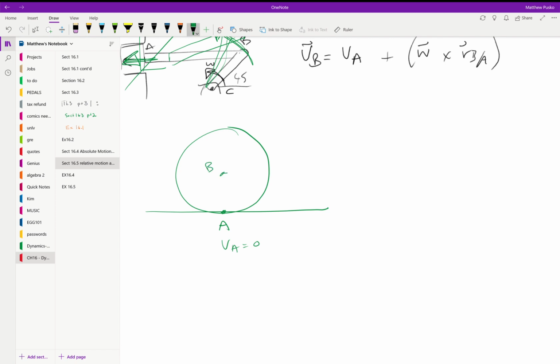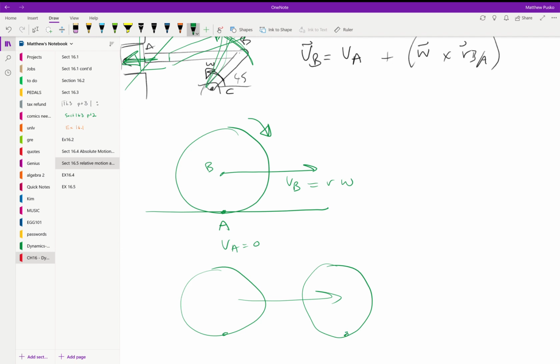And if the whole vehicle is moving, or system is moving, that's on these wheels with some velocity of B, and we know omega, this velocity is just equal to R omega. So we're looking in this case as a wheel that is translating with its fixed point, and then it rotates through to a new point.